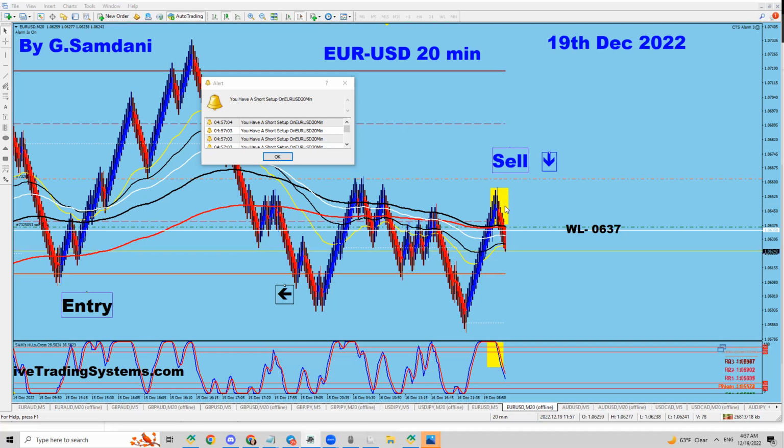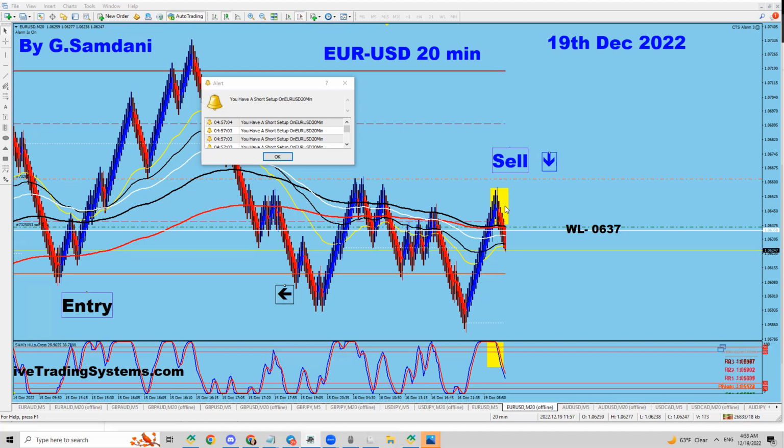The weekly chart is supporting it. There are others setting up on the other computer, another account, but I just want to concentrate on this one so that I can show you, because I got a lot of requests to please show us from start to finish. So this is how it goes, start to finish.